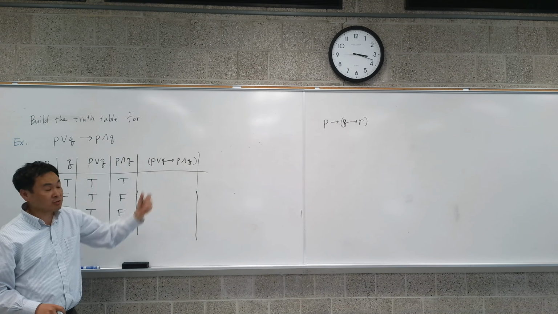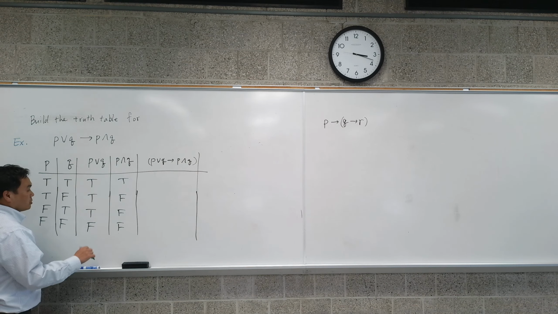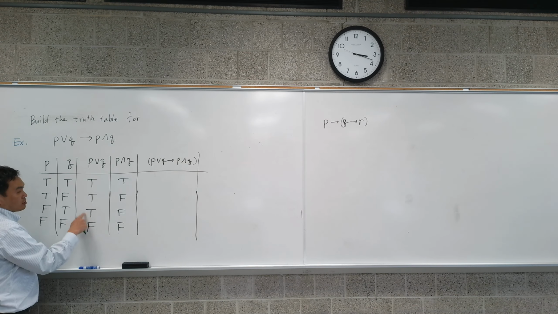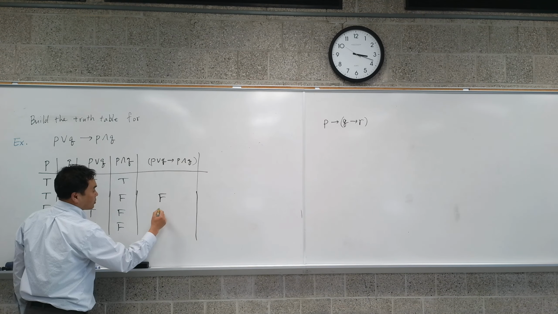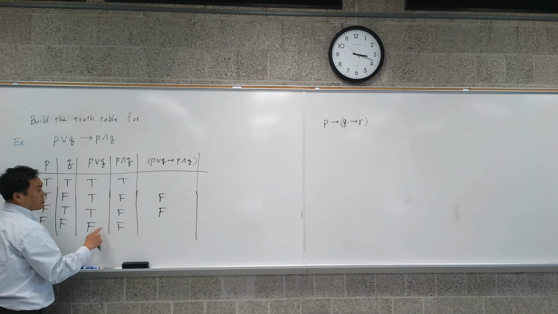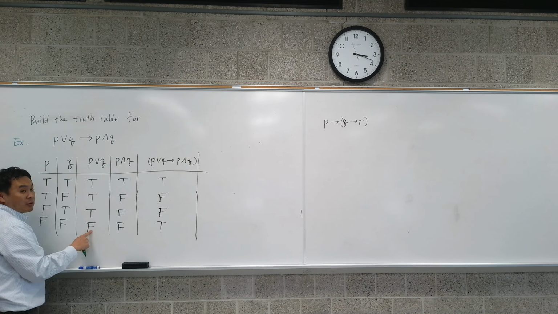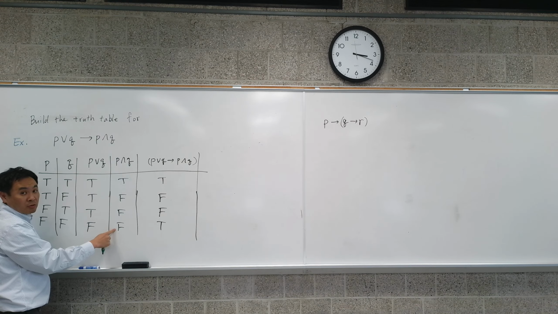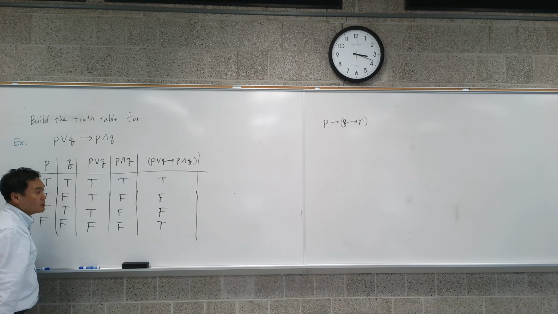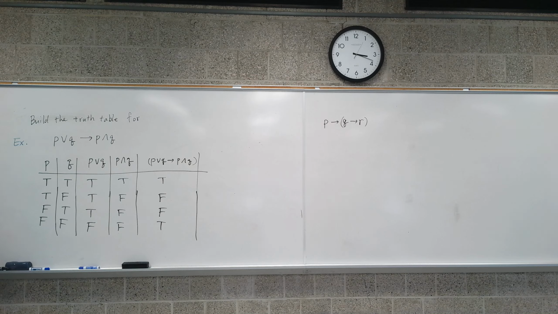That's the only time this is false, right? So these two are the cases when it should be giving you false. On the other hand, these two are both true. See, if the premise is false, then we don't care about the conclusion. It's always true. Okay? So this is what you get as the answer, right?